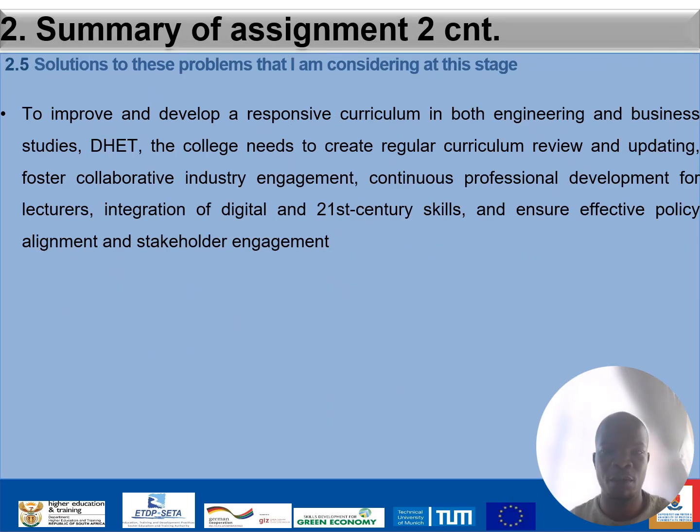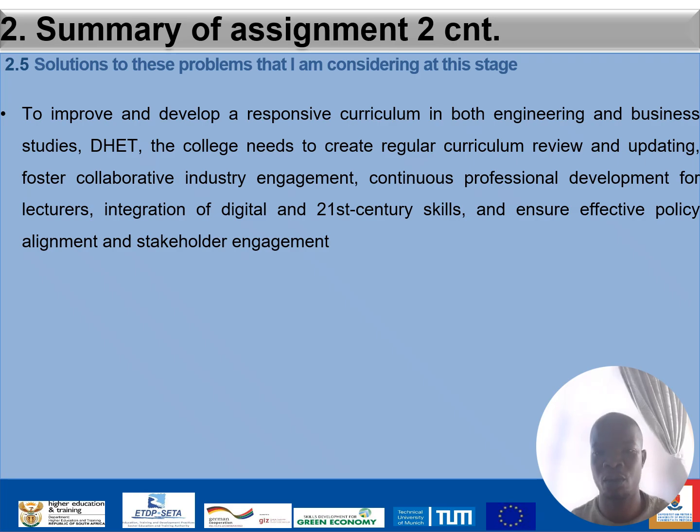The summary of assignment 2 again continues, but now I'm looking at the solutions to these problems that I have considered at this stage. To improve and develop a responsive curriculum in both engineering and business studies, the department and the TVET college need to create a regular curriculum review and updating, and foster collaborative industry engagement.